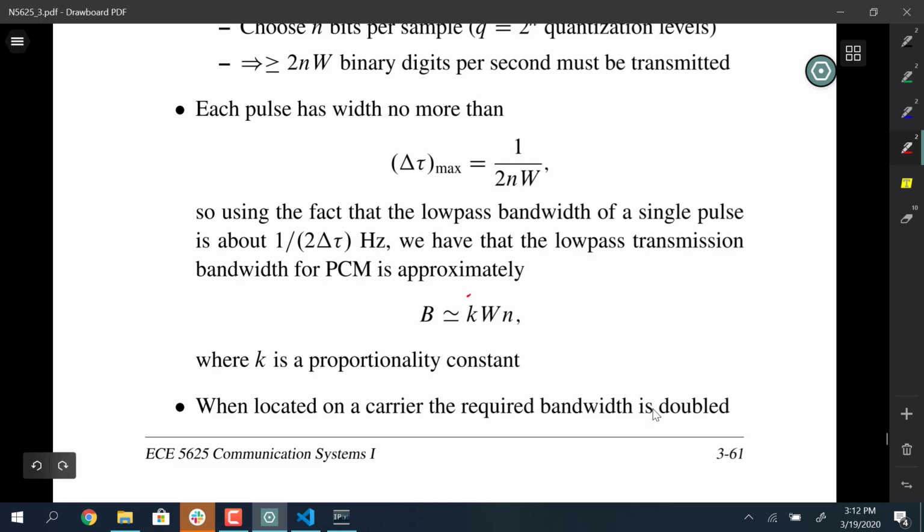I would venture to say that it would probably be more along the lines of having k equaling 2, so I'm just going to give a quick example here.